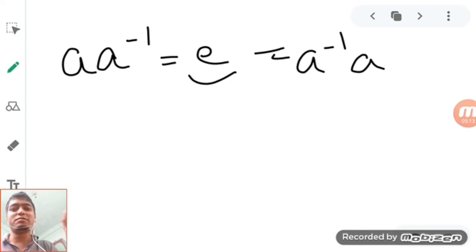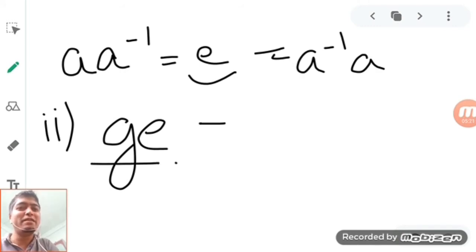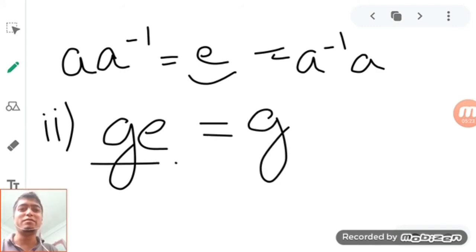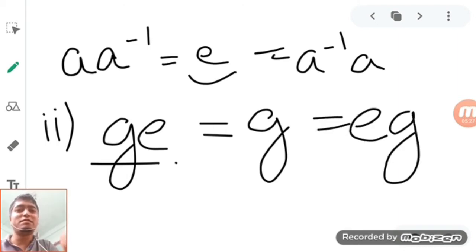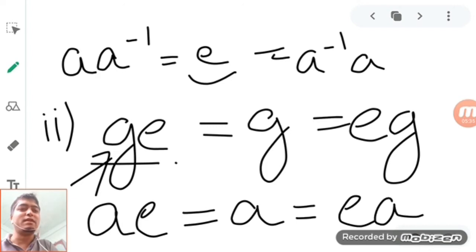And also the second thing that I would like to remind you is this. If you have g and an element e, if they occur together, you will have g. Similarly, e and g. It doesn't matter even if you have another element, say a: a e, you'll get a. Similarly e a.